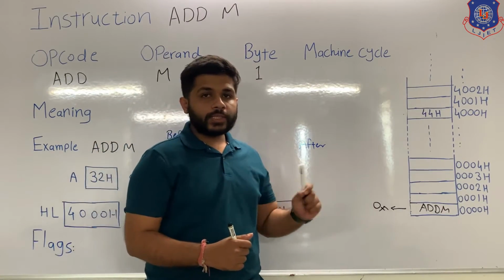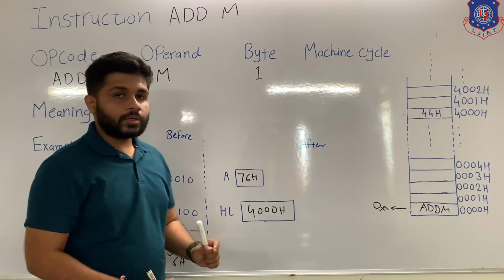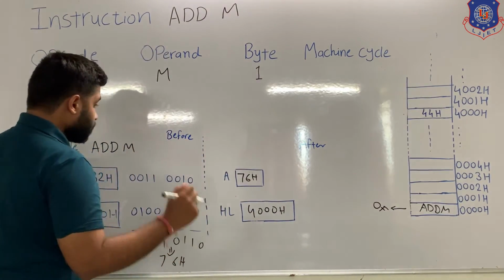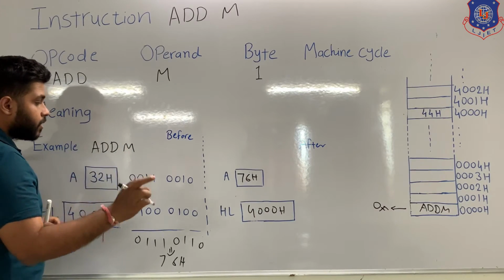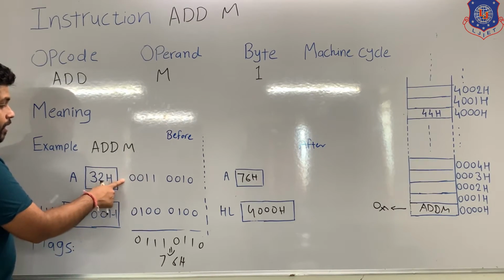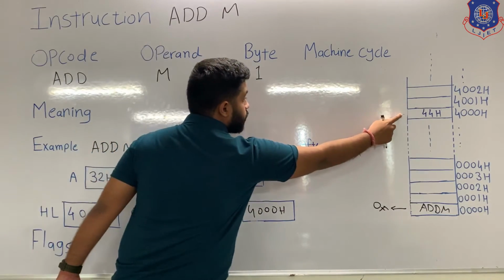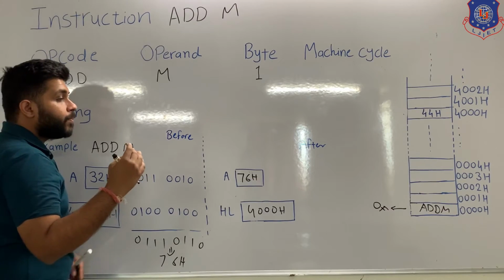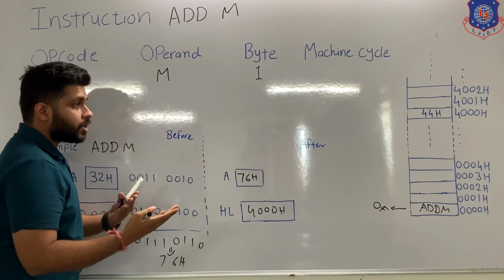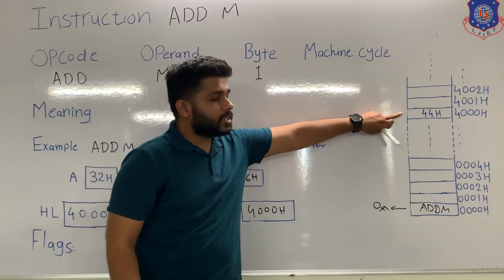Now pay attention during the execution. In the execution, what is happening? In the execution, the addition process is done between the accumulator and 44H. Now processor cannot perform any addition or subtraction when the data is present in the memory.